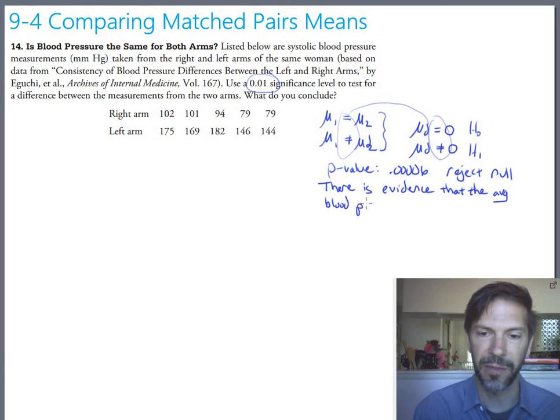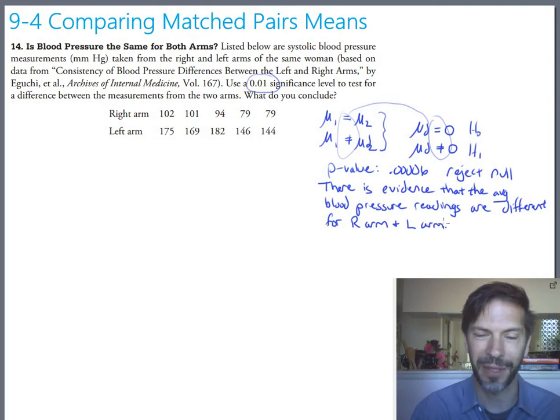That the average blood pressure readings are different for right arm and left arm. Okay, something like that.